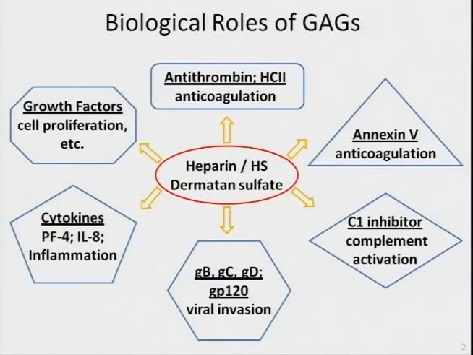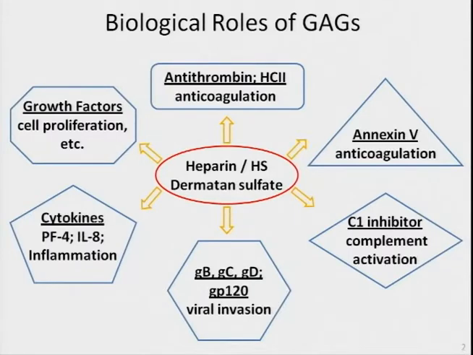All right, well, Dr. Desai told you a lot about the biological roles and the importance of GAGs in the last talk. I just had this slide here to show you the phenomenal diversity of not just the structure, but of the interactions that take place. And this is just a very small sample of a couple of different important GAGs.